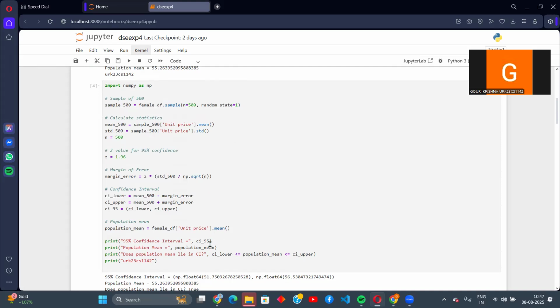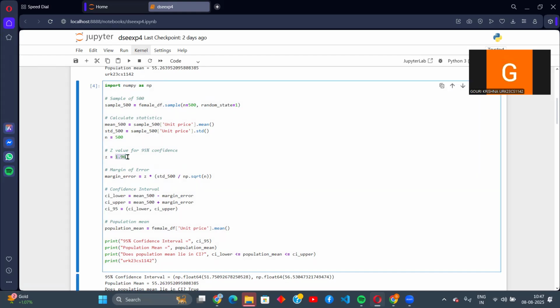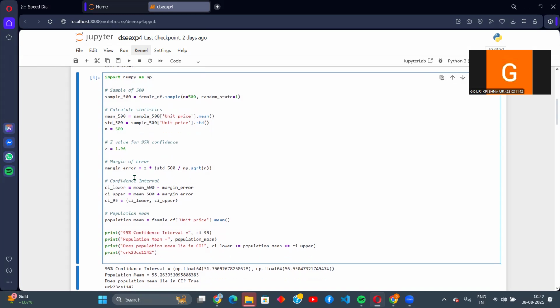confidence interval for sample mean n equal to 500. It takes a 500-record female sample. It calculates the sample mean and sample standard deviation. It uses the z-score value, which is 1.96, to compute the margin of error, and it constructs the confidence interval around the mean, which is CI.